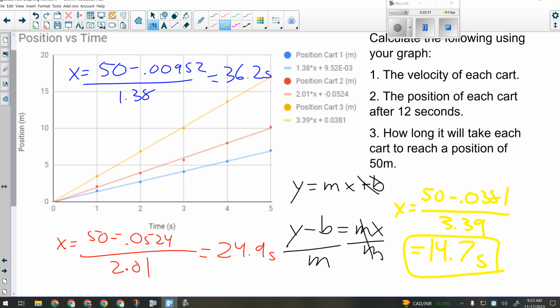Okay, everybody with me there? What we just did there is the analysis for the lab on Monday. I will ask you, what are the velocities of your carts? Calculate how far your carts would go after this amount of time, or calculate how long it would take them to go this far. So exactly what we did there is what you're going to be asked to do for the analysis on Monday.